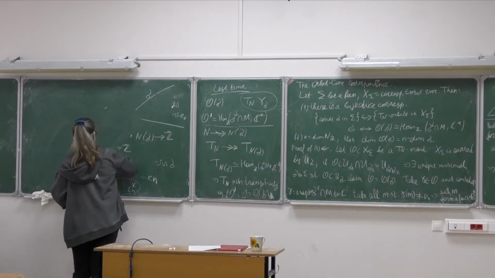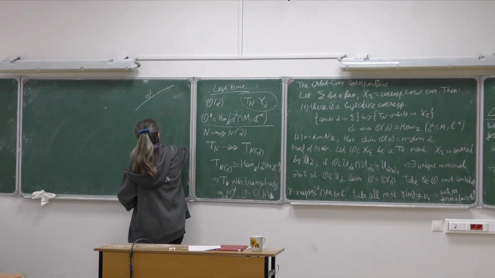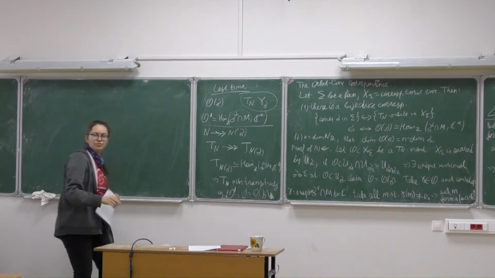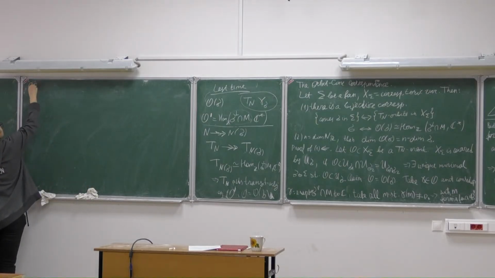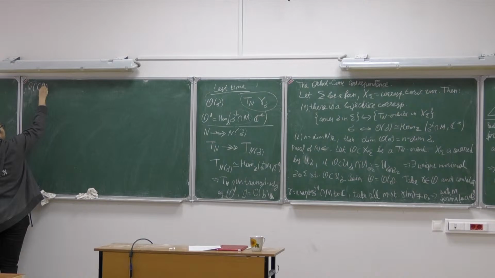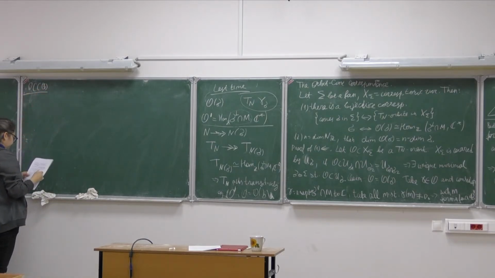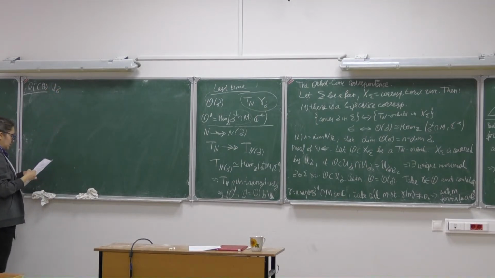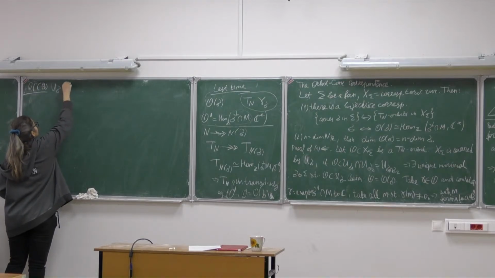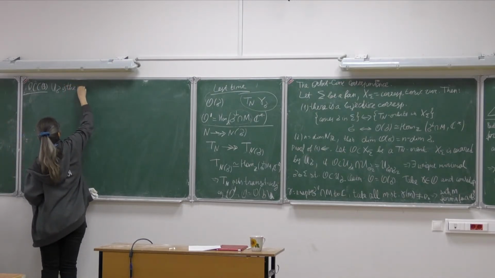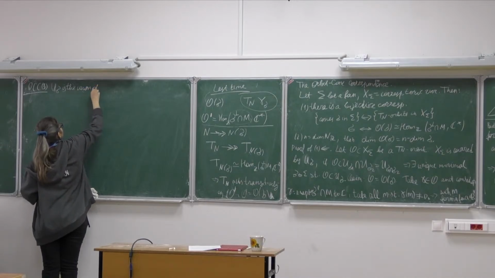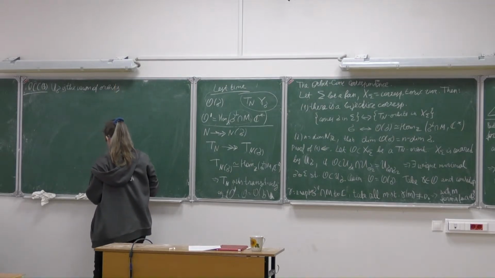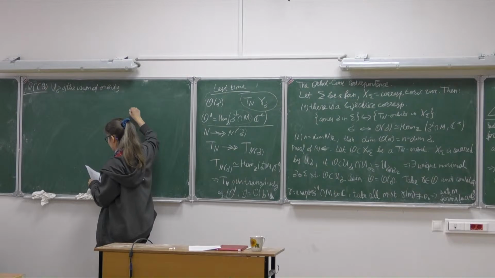So what is the third part? The third is that U sigma is the union of orbits O tau for the faces of sigma.